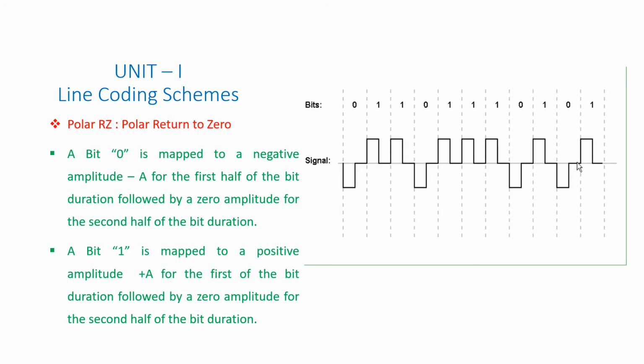Here you can see there is a little bit of ambiguity in this part, like the idle state. You want to differentiate between 0 and 1, okay, fine. For the first half you can define whether it is 0 or 1, but when you go for the next half you cannot define whether it is 0, 1 or idle state.